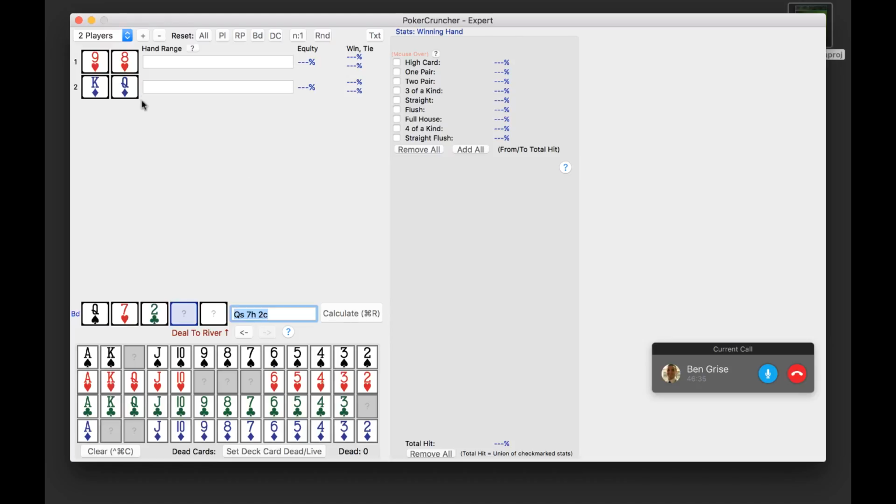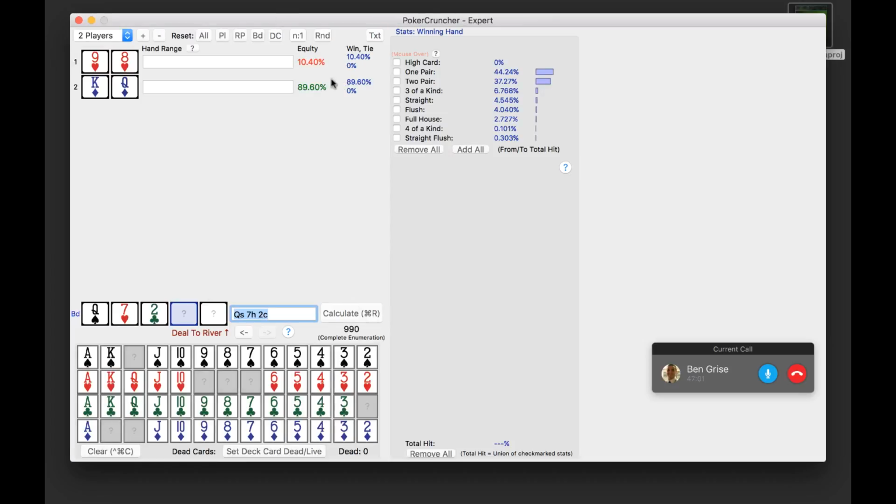So combined, you're going to improve to either a straight or a flush about 9% of the time, and then you're even against a hand as strong as top pair, king, queen of diamonds. You could also improve by backdooring trips with 9 9 or 8 8, or you could also backdoor 2 pair with 9 8. So in total, you have 10.4% equity on this board.